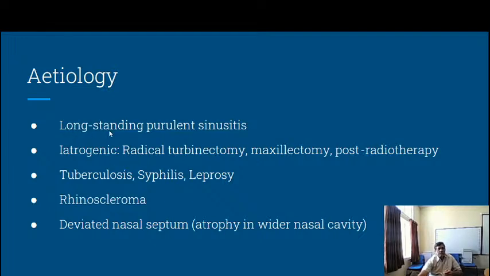Now, how does long-standing purulent sinusitis contribute to the production of atrophic rhinitis?